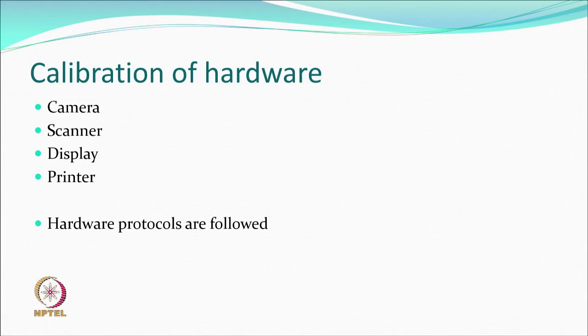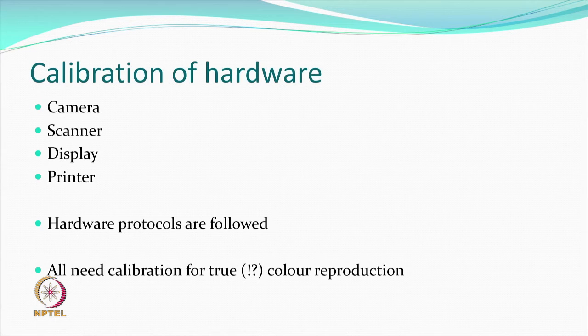So, they have to follow protocols, and those are international protocols. All electronics people understand that. All need calibration for true color reproduction. I put a question mark on true, because whatever we call true is supposed to be based on how I perceive through my eyes.